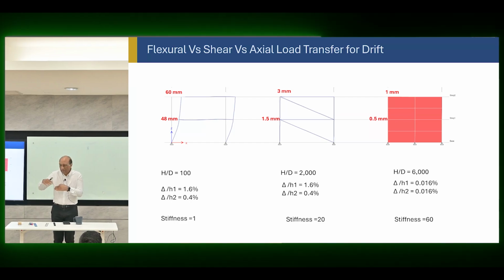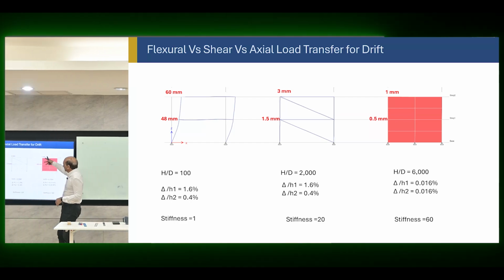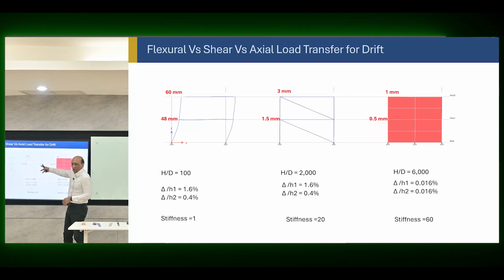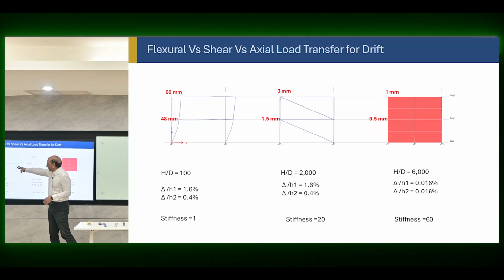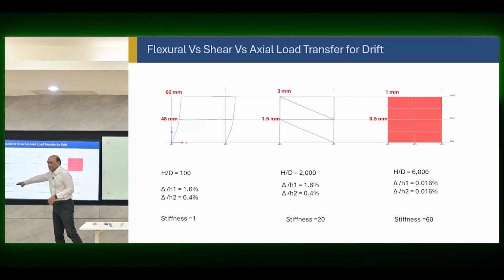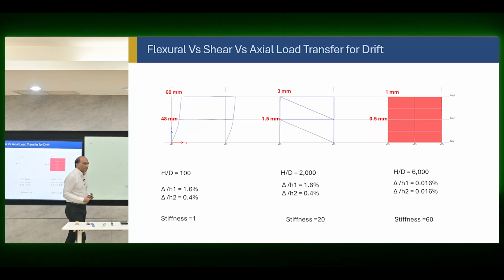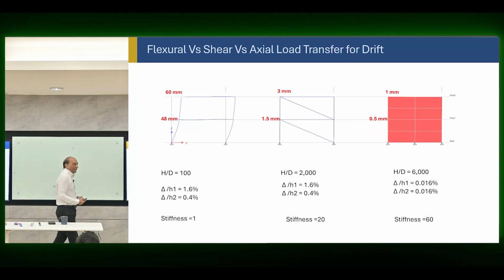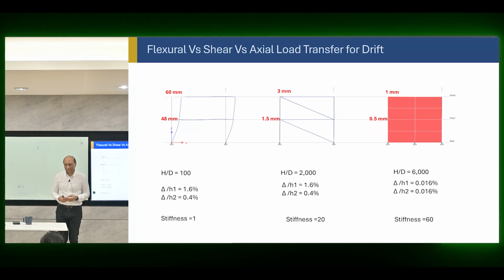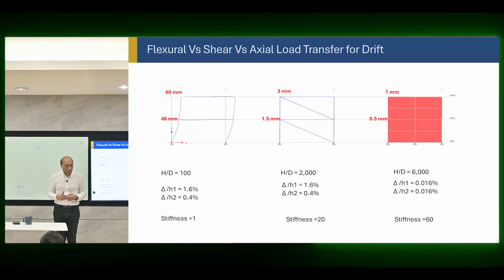The drift in the two cases is almost equal. Here, drift is very large in the first one, small in the upper one. So the frames have a huge drift problem at the lower floors, and secondly, their stiffness in general is extremely small compared to truss as well as the wall.